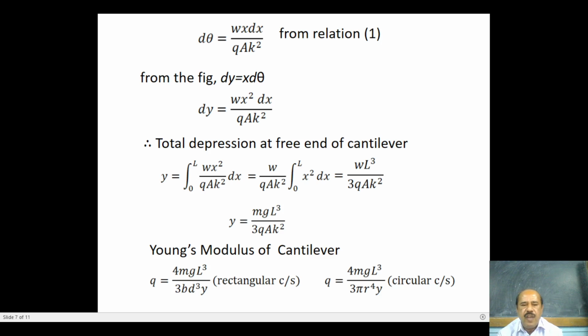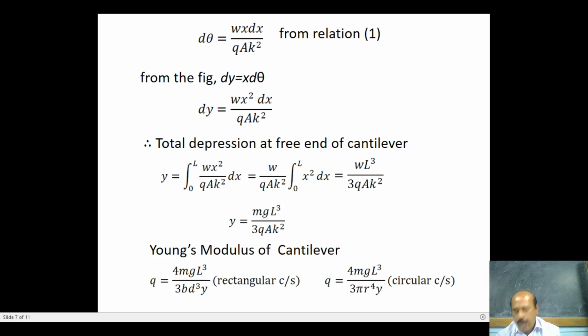From the figure, we can write the small depression dy as x into d theta. Then dy can be written as W x square dx divided by Y A k square.